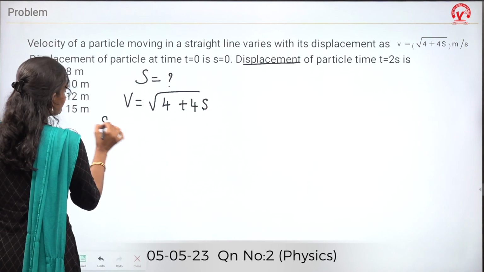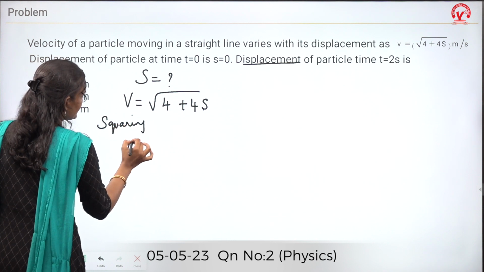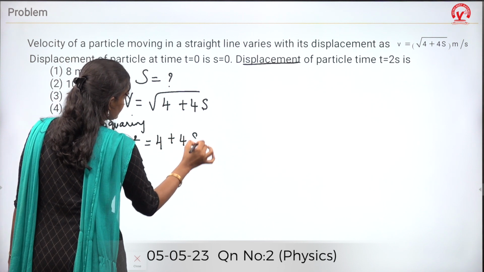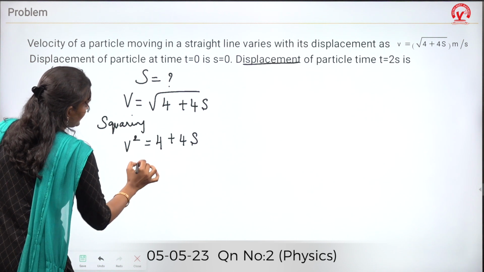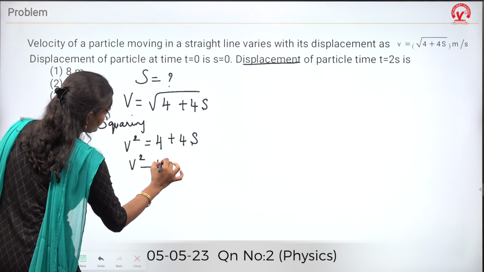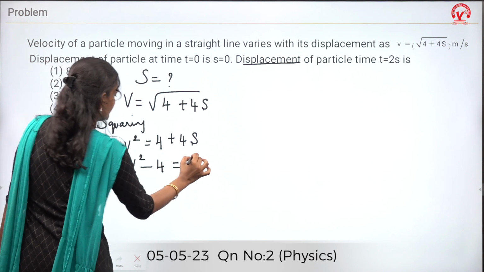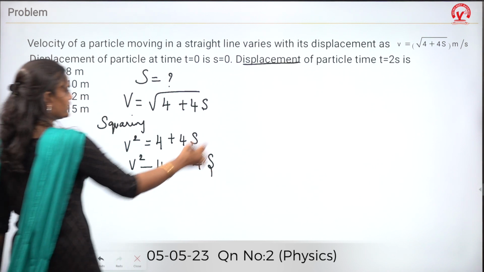Now squaring this equation, we get V square is equal to 4 plus 4S, where S is the displacement. This can be written as V square minus 4 is equal to 4S.